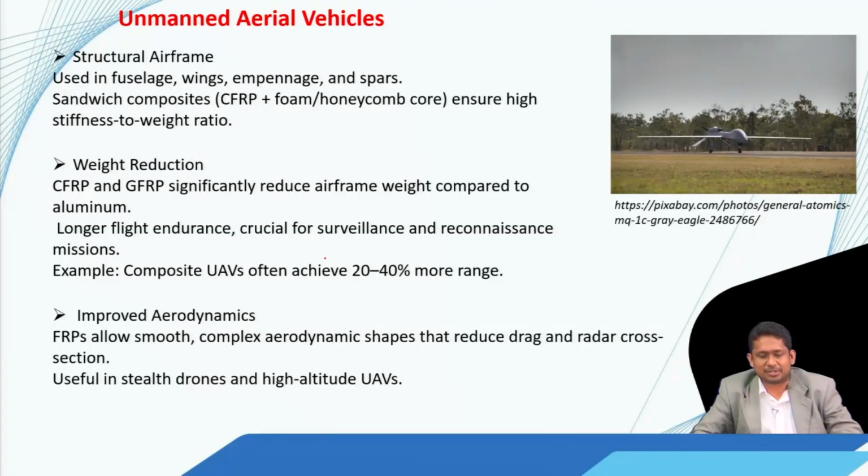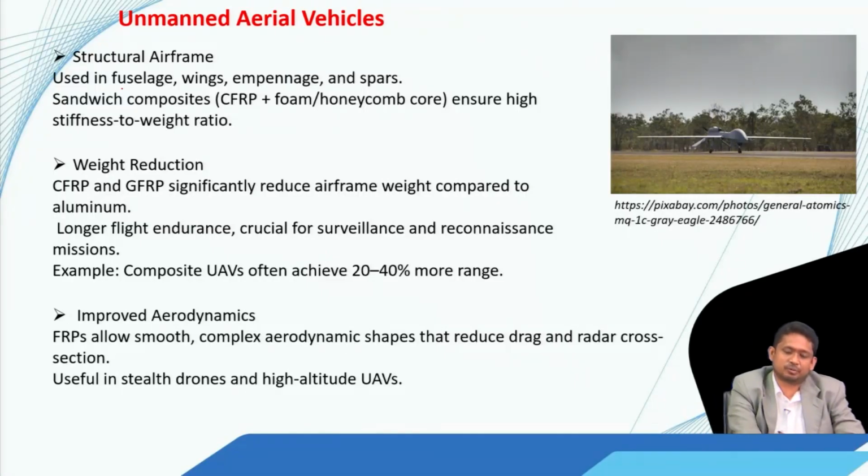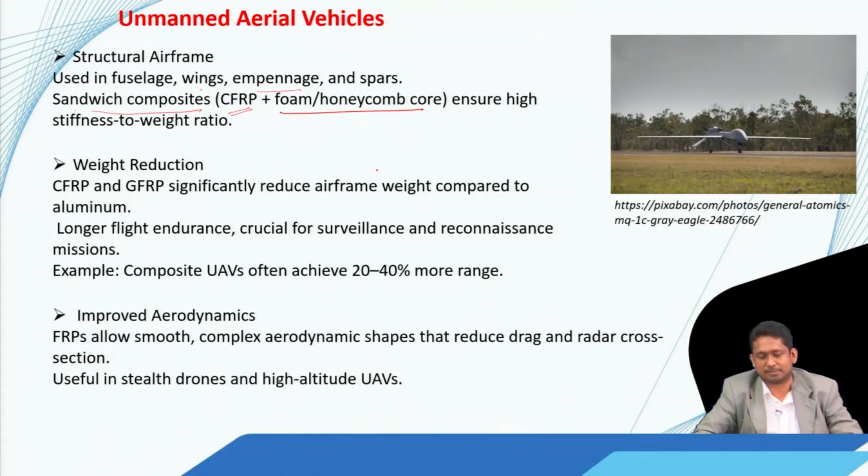Now let us talk about unmanned air vehicles. In unmanned air vehicles, composite is extensively used, especially in fuselage, wings, empennage and spars. Sandwich composites are used, with CFRP plates at the top and bottom surfaces and a soft core like foam or honeycomb at the middle.